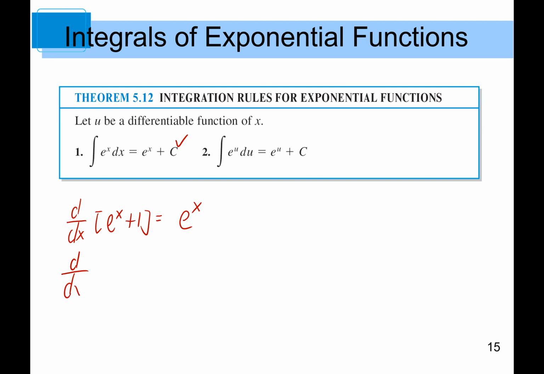The derivative of e to the x minus 1 is e to the x, since the derivative of -1 becomes 0. So as you can see, you need to add a constant, because c could be any number.